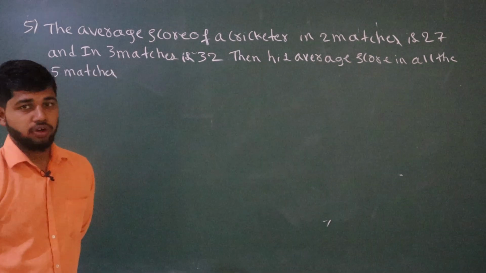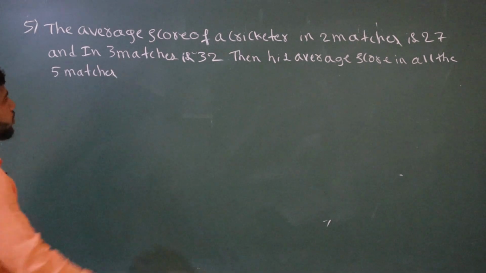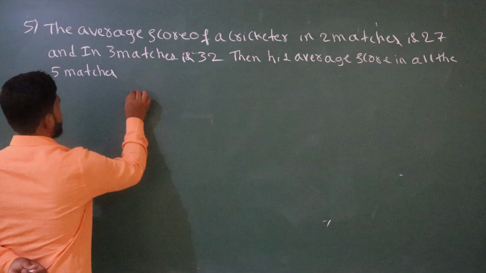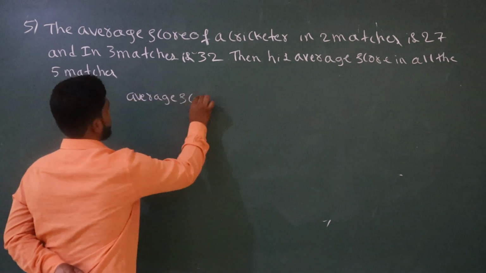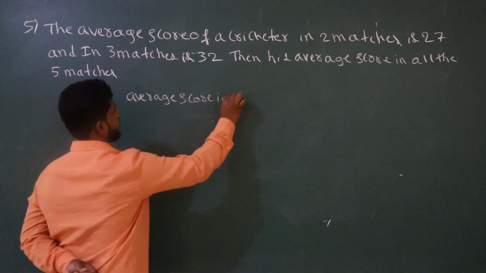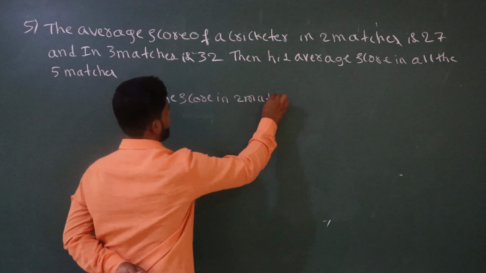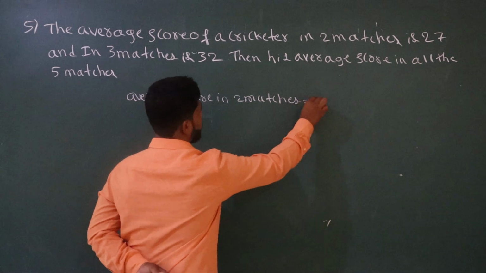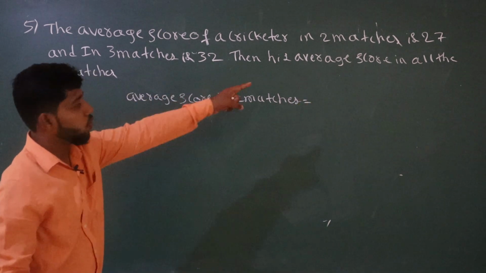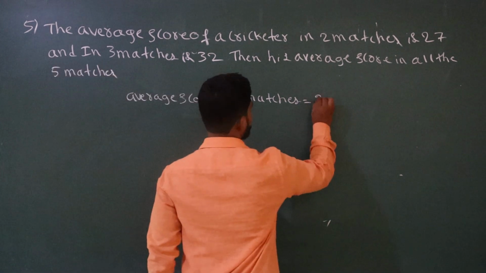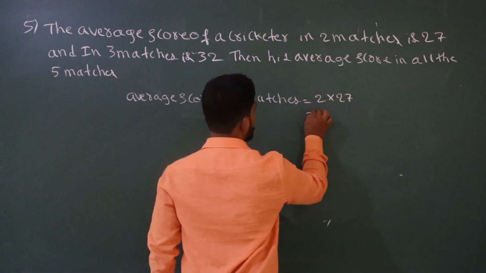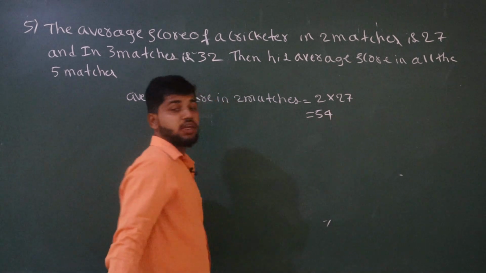Now, the total score in 2 matches. What is the total score in the 2 matches? 2 into 27, you will get 54.